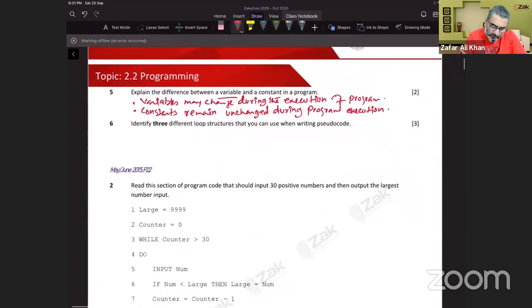Identify 3 different loop structures: for next, repeat until, and while.